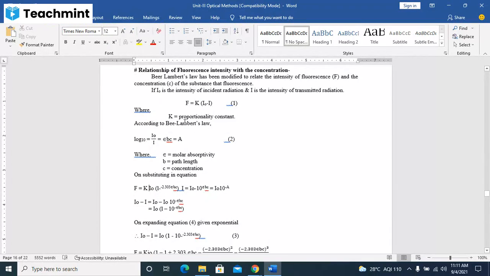See what we are going to do. Just remember these things. F is equal to K I0 in bracket 1 minus e raised to 2.303 epsilon BC.